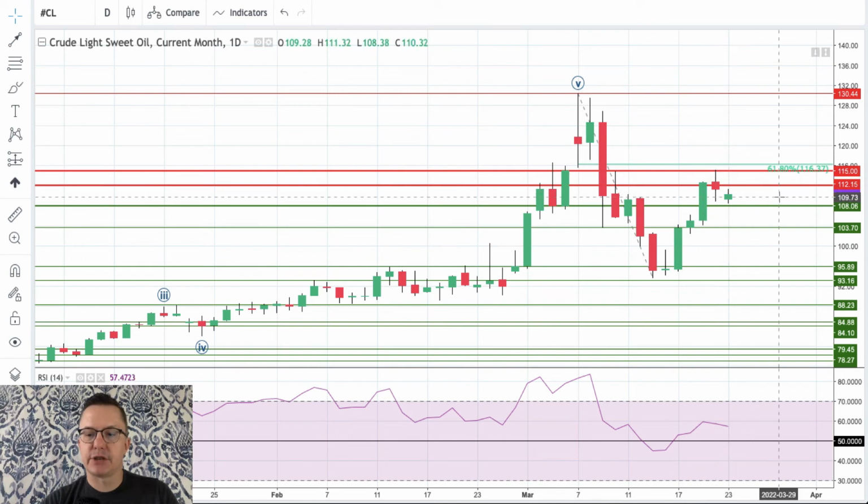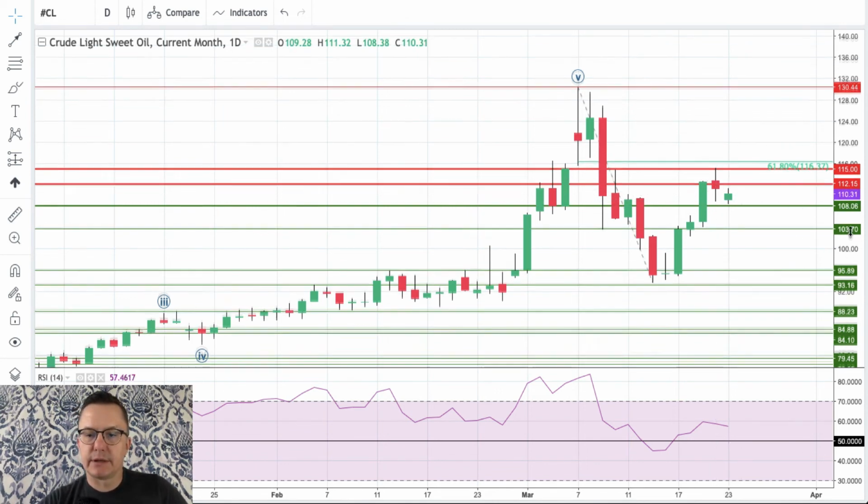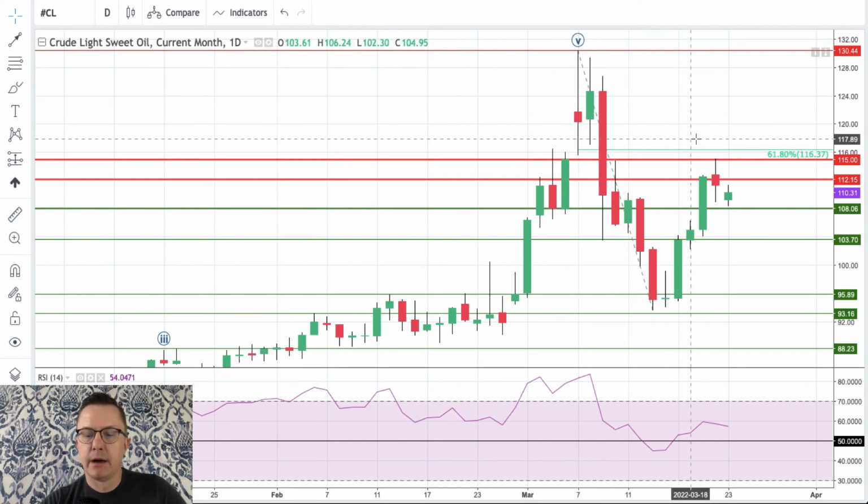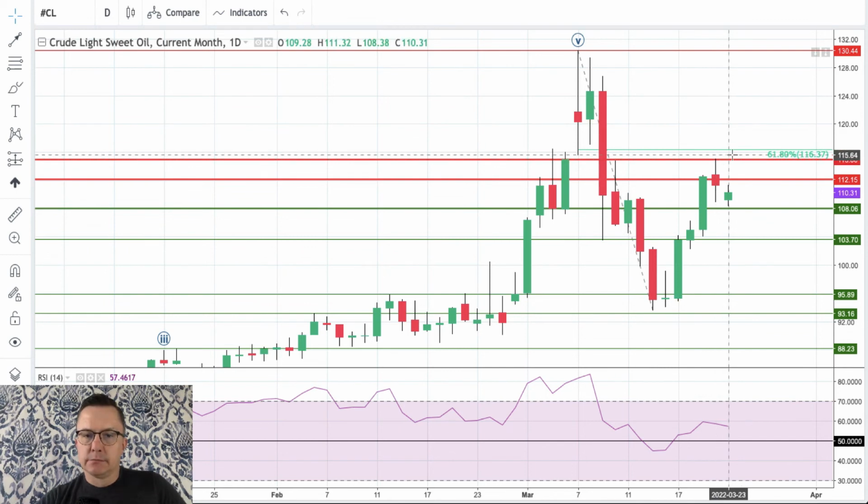A recent rejection of 115 with this pin bar here, the red daily candle, means that we can continue the down move initiated from the highs of this year at the level of $130.44 per barrel. So as long as we trade below 61% of the retracement of the whole move up, this level is located at 116.37, the outlook remains rather bearish.